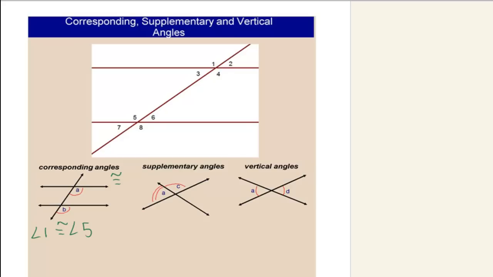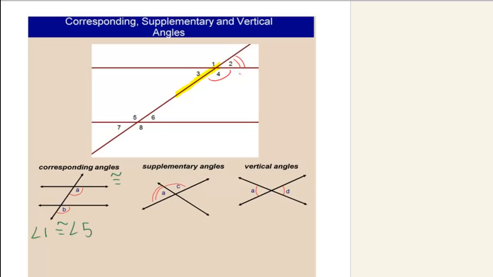So if we look in our diagram, we'll notice a lot of supplementary angles are formed. For example, angle 1 and angle 2 are supplementary angles. Do you see some others? Angle 4 and angle 2 are supplementary angles.